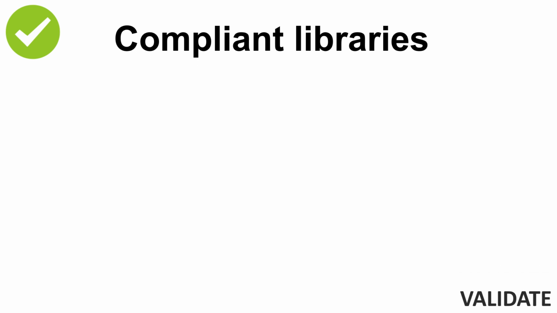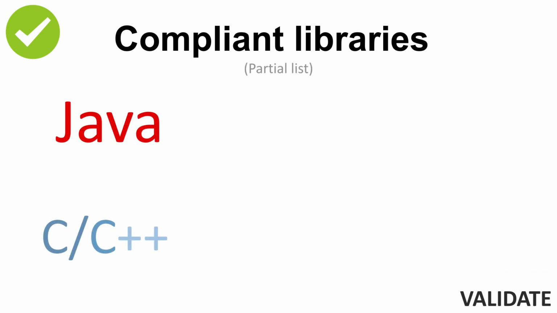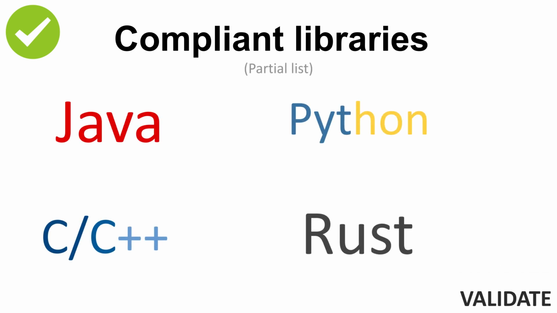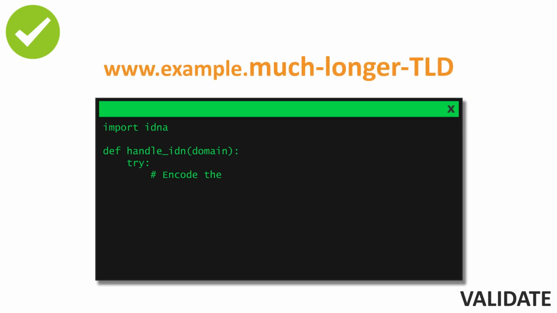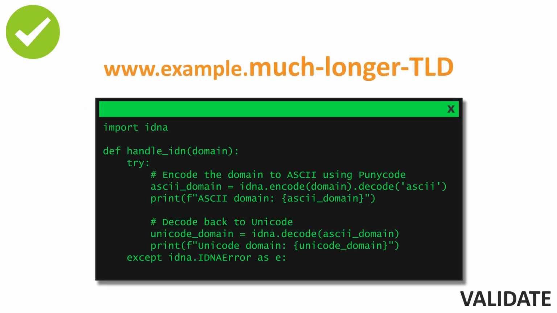There are, however, a series of compliant libraries that make this implementation much easier, such as ICU for comprehensive Unicode support in Java and C, C++, and IDNA for handling internationalized domain names in Python and Rust. These libraries also assist in supporting longer top-level domains that exceed the maximum of 4 characters that used to be expected in the past.